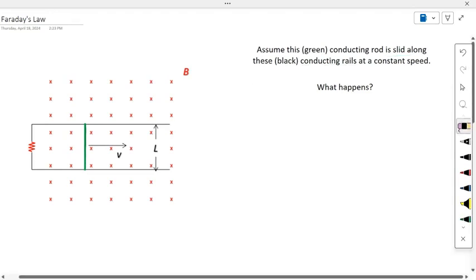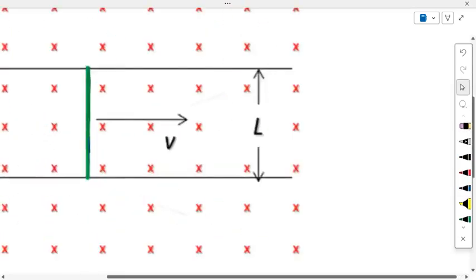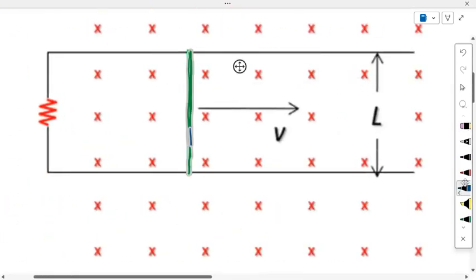Well, what happens? Let's consider a hypothetical free positive charge that is moved to your right at a speed v. So I go fingers to the right in an inward magnetic field.